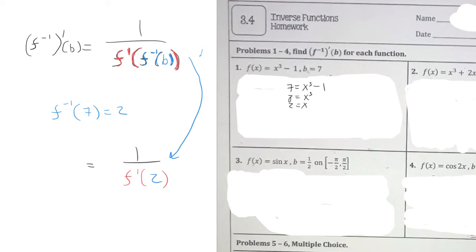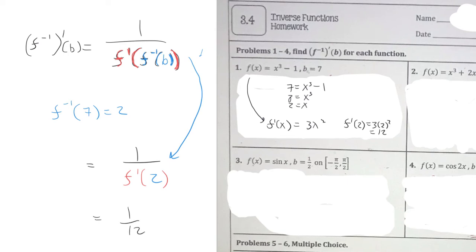Our next step is to find the derivative of f at 2. Finding the derivative of f is pretty easy. That's going to be a matter of just taking the derivative of the original function. So it's going to be 3x squared, and more specifically, we want that at 2. So that's going to be 3 times 2 squared, which is 12. So ultimately, this is going to be 1/12 at the end of the day.